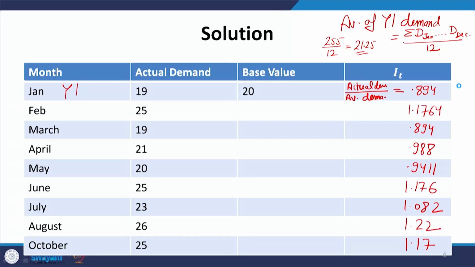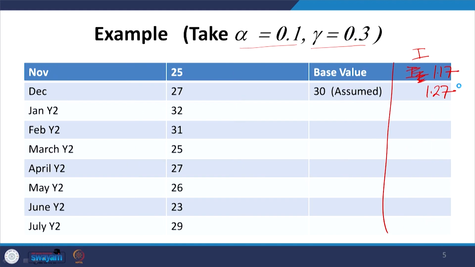If you see from June to October, the values of the seasonal index are 1.17, 1.08, 1.2, 1.17. That means the seasonality started from the month of June. It was at its peak in the month of August, and then it started decreasing in the month of October, and so on.